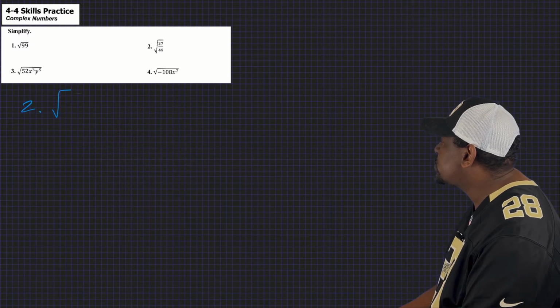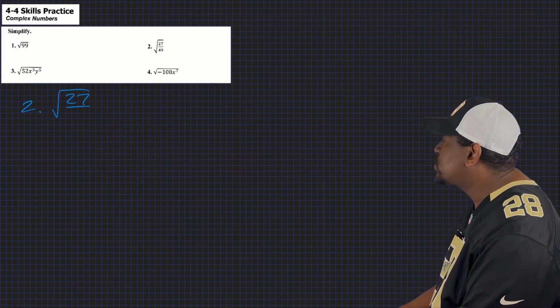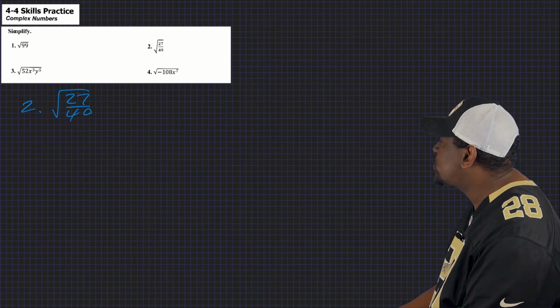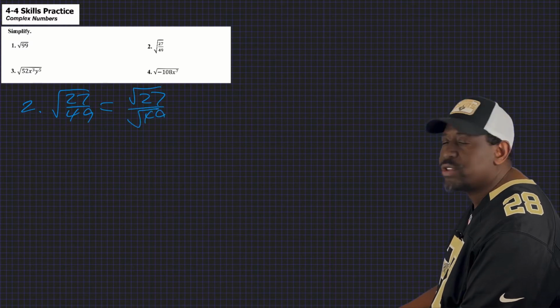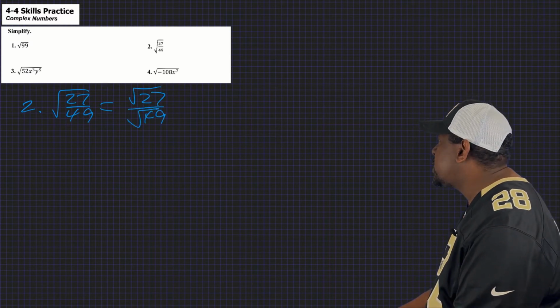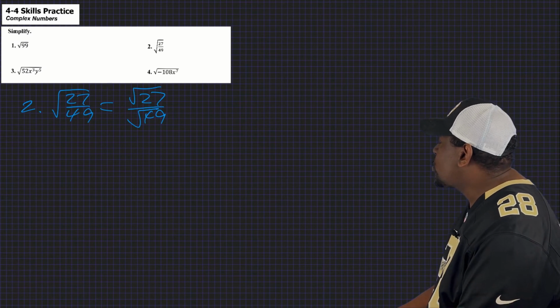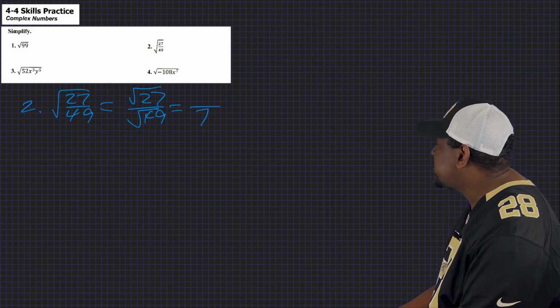Next is a radical that is a fractional term. So we take the square root of 27 over 49. The first step is we take the square root of the numerator, 27, and the square root of the denominator, 49, and we simplify. Since 49 is a perfect square, we put 7 there. Now we want to simplify 27.